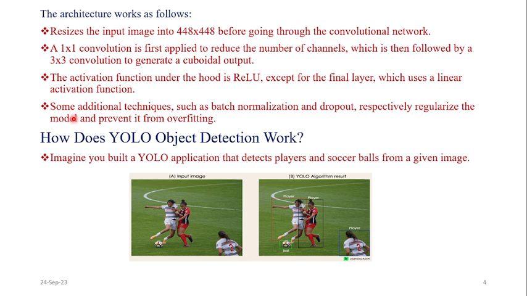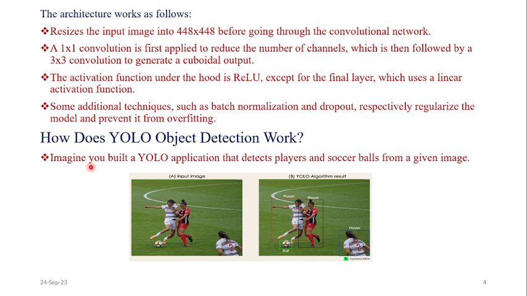How does YOLO work? Given an input, it displays the result with the confidence level. It consists of 4 things: residual block, bounding box, intersection over union, and finally non-maximum suppression.